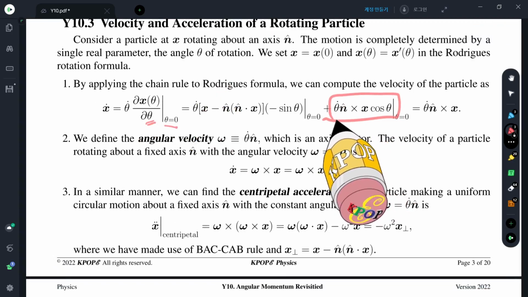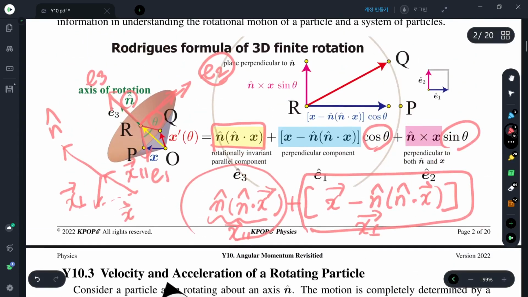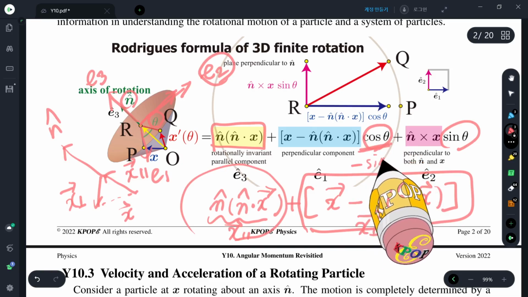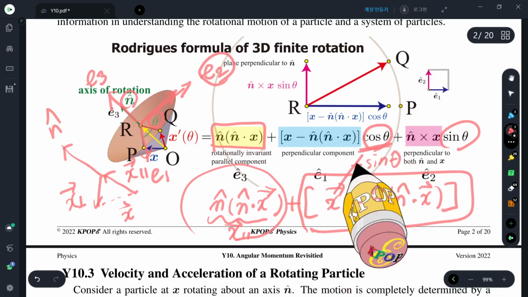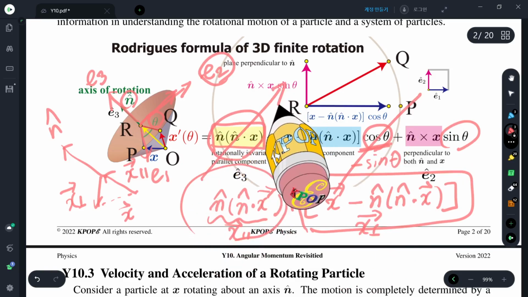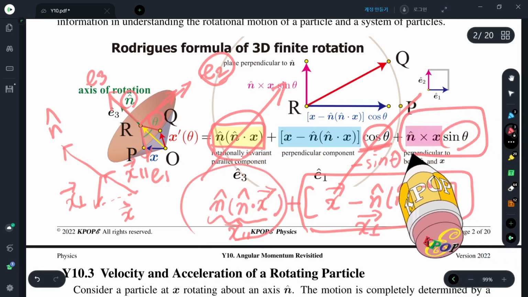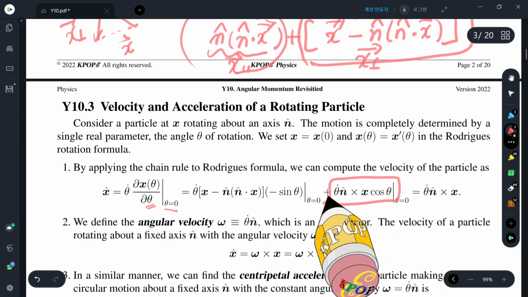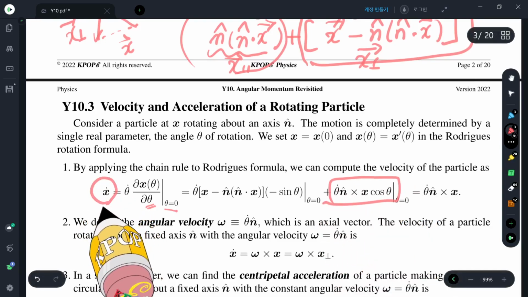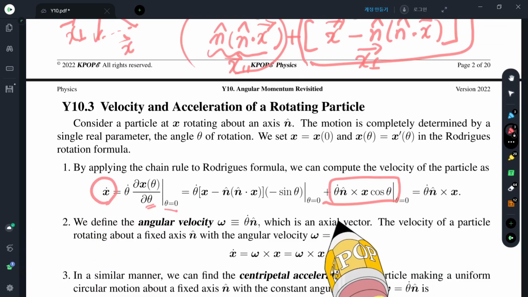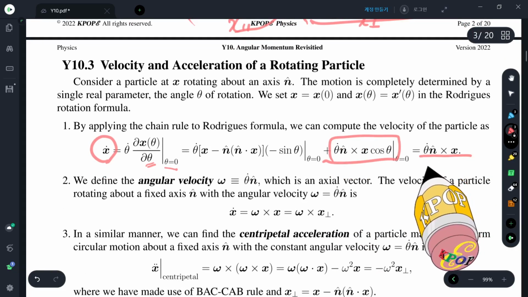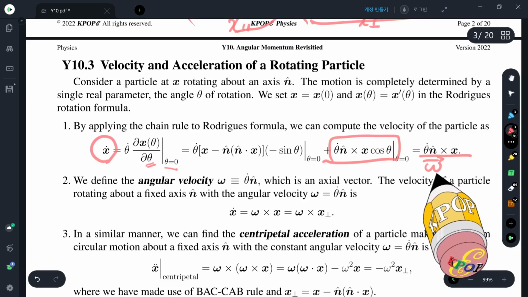Because the derivative of cosine theta is minus sine theta, at theta equals 0 this vanishes. The constant's derivative with respect to theta also vanishes. Only this component survives, and by the chain rule we end up with theta dot n hat, which is called the angular velocity omega.